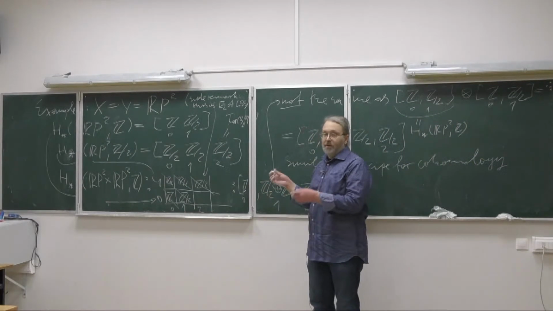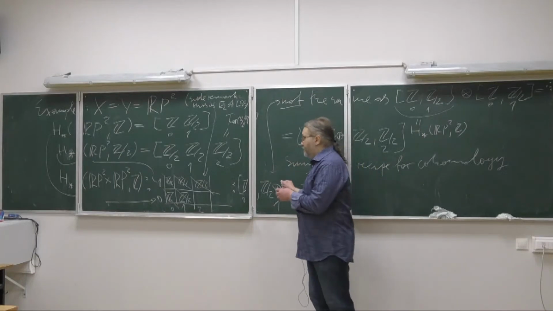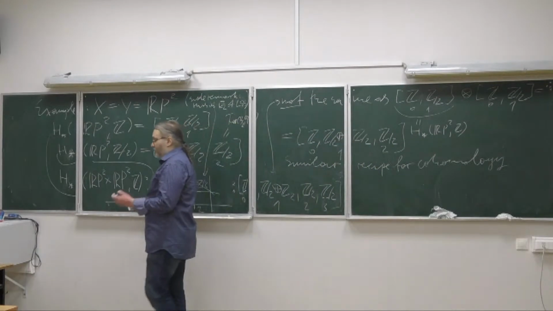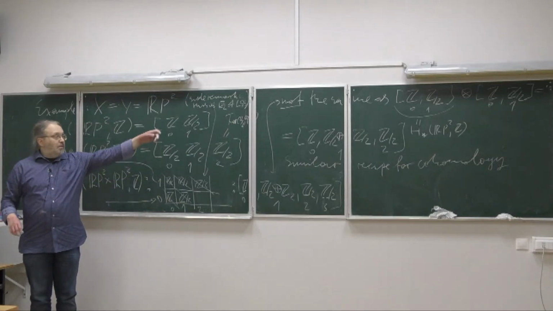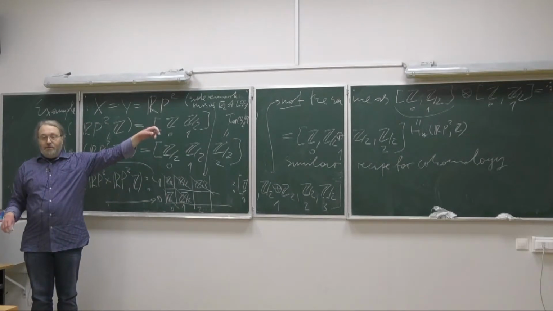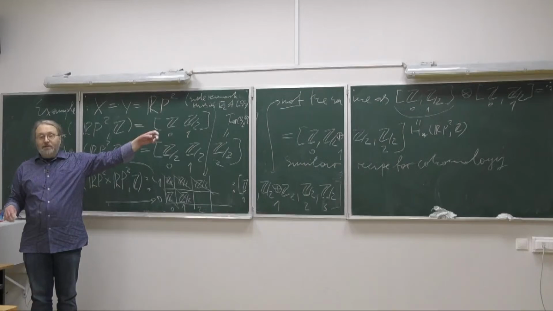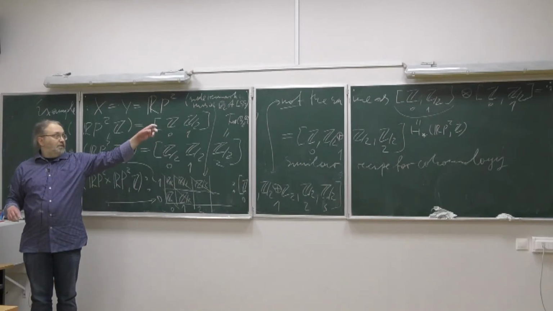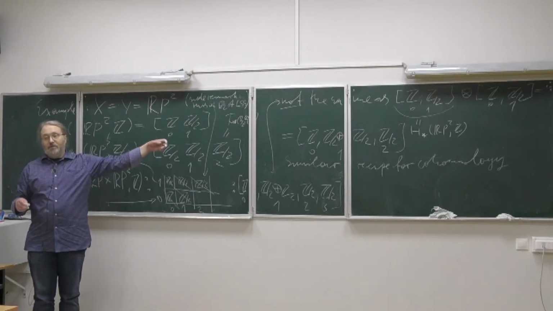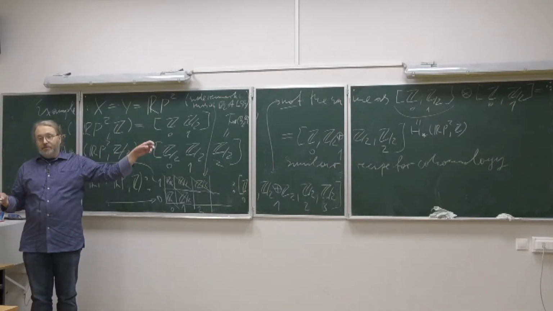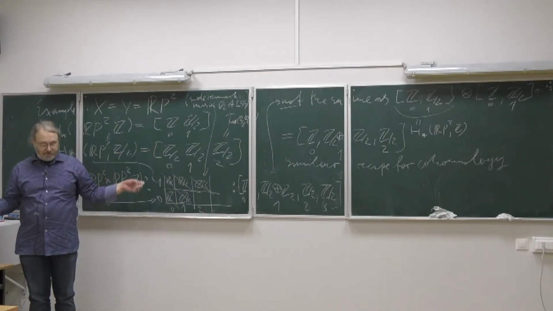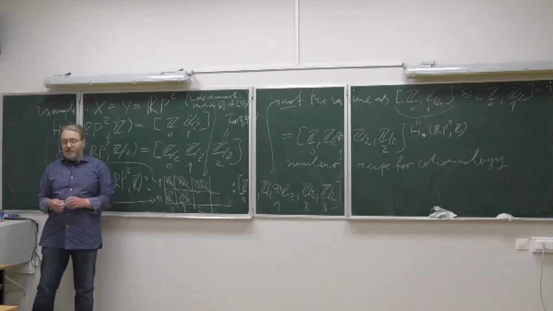And again, for cohomology, the tensor product of the graded groups is not the same as the cohomology of RP2 cross RP2 with Z coefficients.